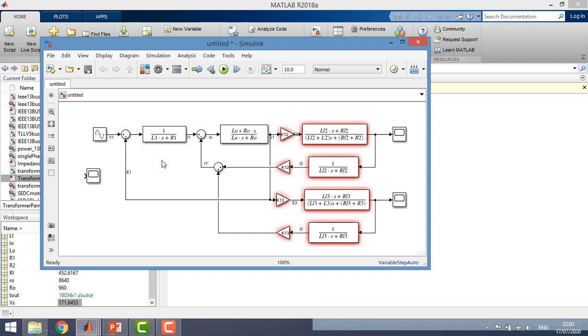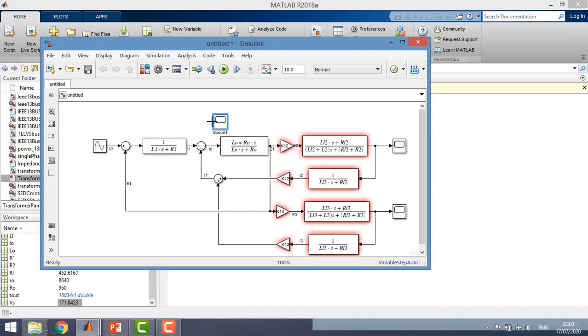I guess that's all. So we can measure the primary current as well.